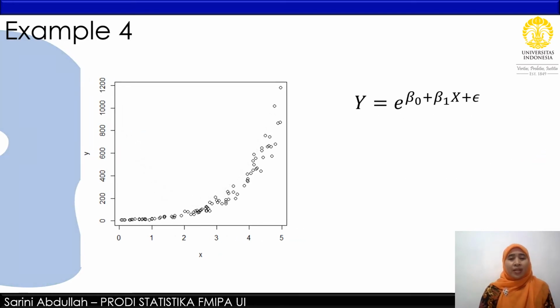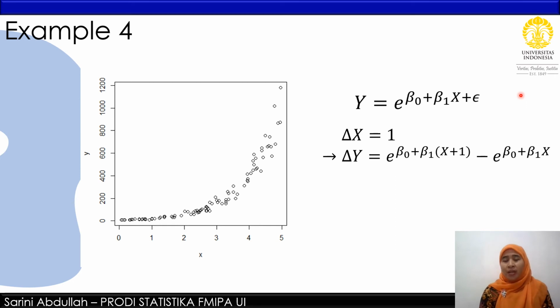Now, for this example, our mathematical background tells us that this data has an exponential relationship between x and y. So then we just propose this model. Is this a linear model? Again, we should check, whenever we change the predictor by 1 unit, how much is the change in the response variable. And then we get the change is this much. We can see that this is not a constant change.